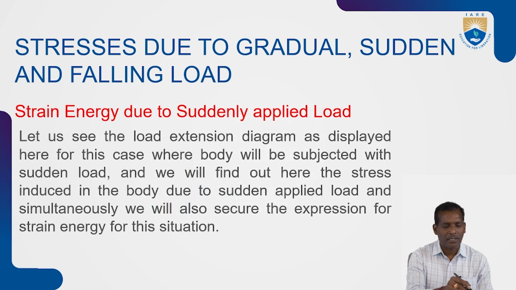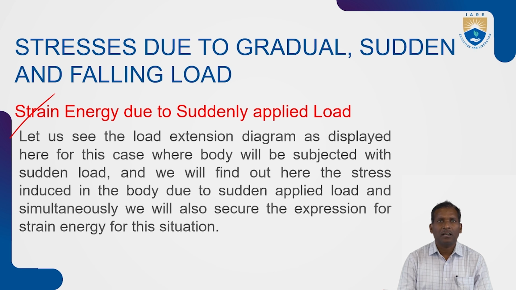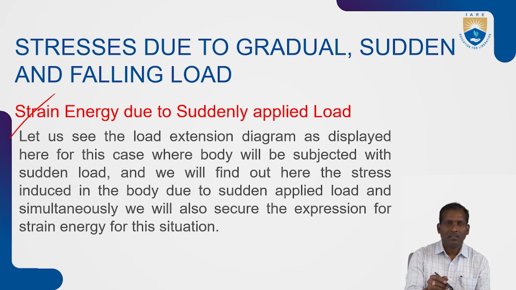So next, the second case: strain energy due to suddenly applied load. The first one we have seen was gradually applied load. Second, we are discussing the suddenly applied load. Then we will discuss the impact load, the suddenly falling load.